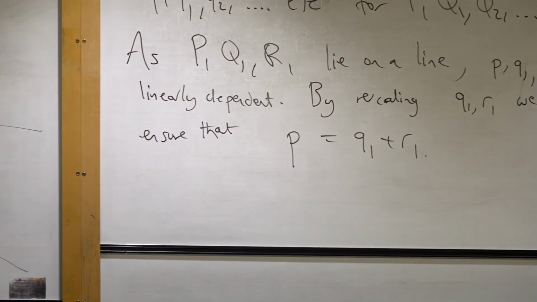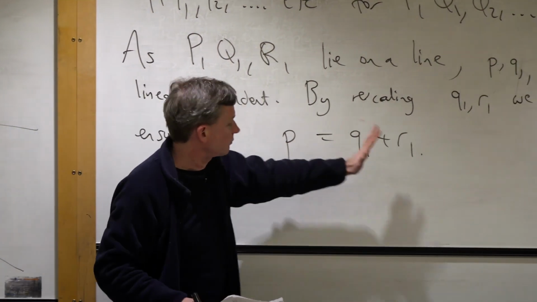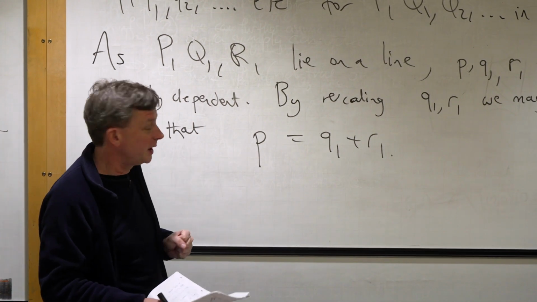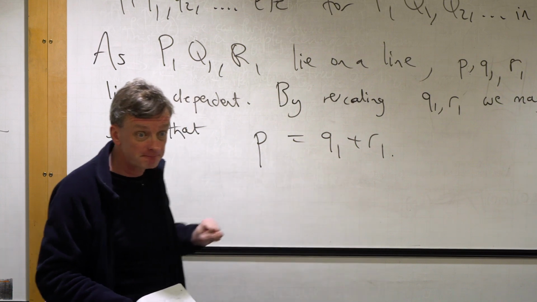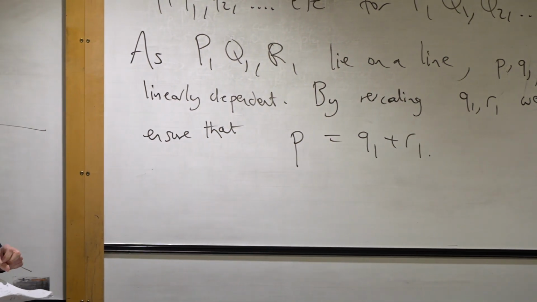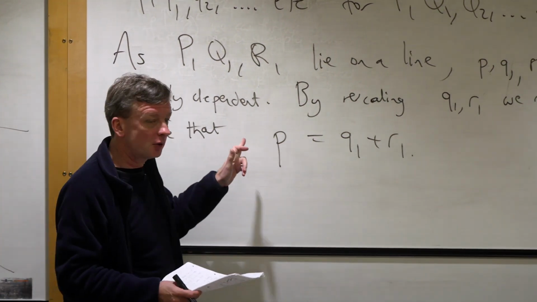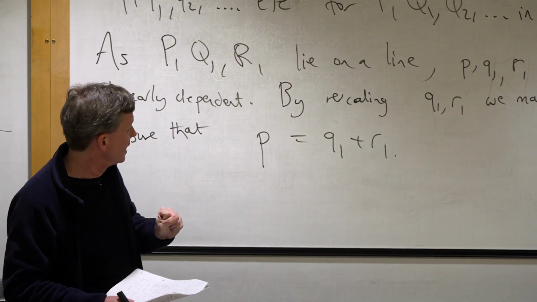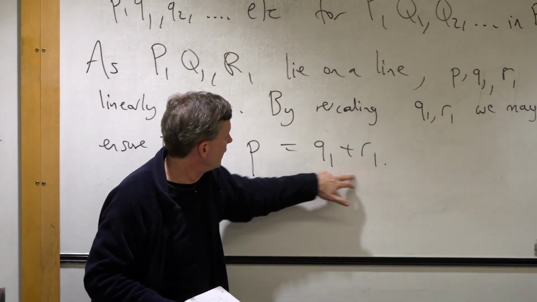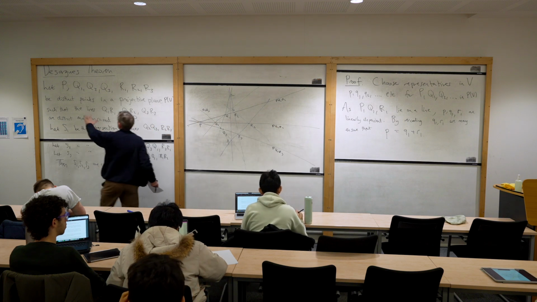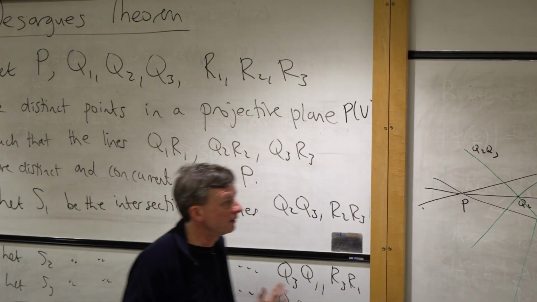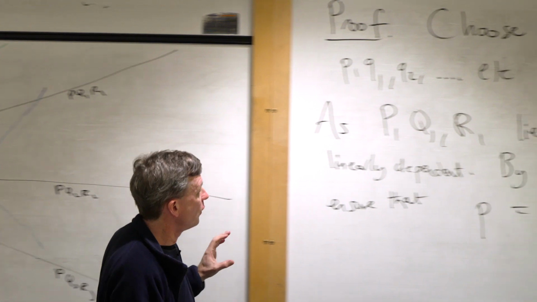So what's going on here is, first of all, we know that something like lambda P plus mu Q1 plus nu R1 is 0. I claim that all of those constants, lambda, mu and nu, are all non-zero, because otherwise two of these things would be proportional, which would contradict the points being distinct.